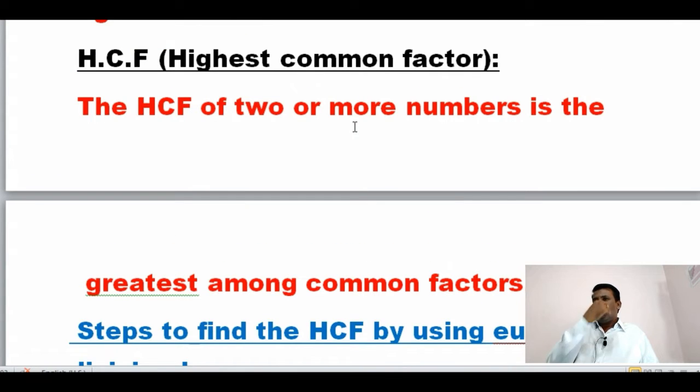Suppose you are given two or more numbers and asked to find their HCF. What should you do?